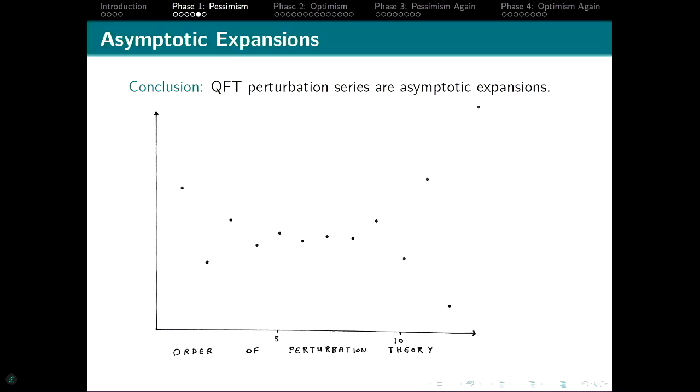But Dyson gives an estimate of how many orders it will be before QED starts to diverge, and I think it's like 30 orders or something. So we're never going to be able to calculate that far, practically speaking, for a theory like QED. When you get to QCD, this issue has a bit of a resurgence, because people start to worry that you'll have something that looks more like this, and you will actually make your approximation worse by calculating to fourth order or something like that.